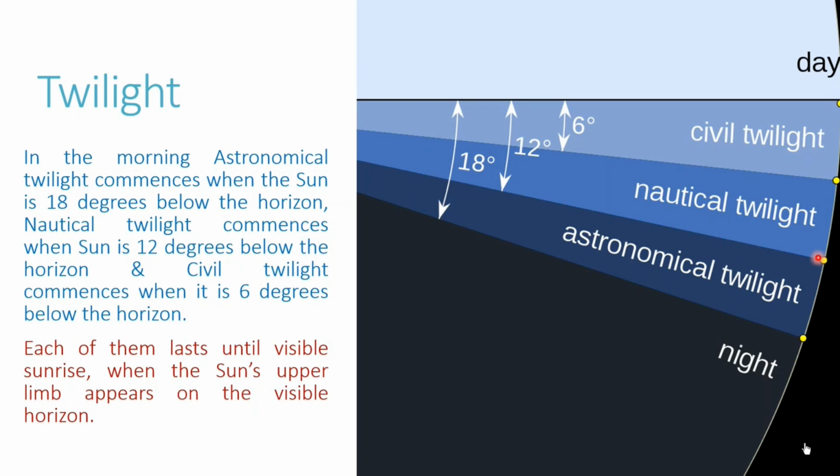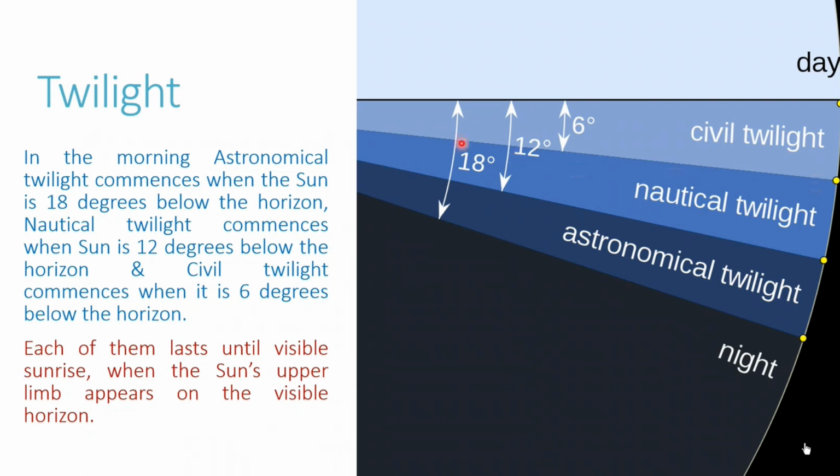Now, out of this entire period, as far as navigators are concerned, as far as sight taking is concerned, which is the most suitable period for us? The most suitable period is between 12 degrees and 6 degrees. This period is represented in blue: the upper period in light blue, and the bottommost period in dark blue.